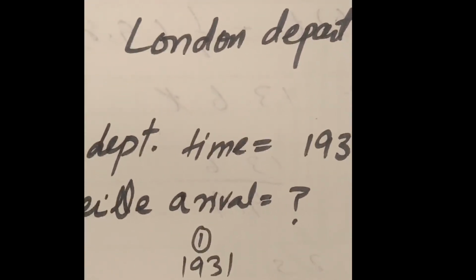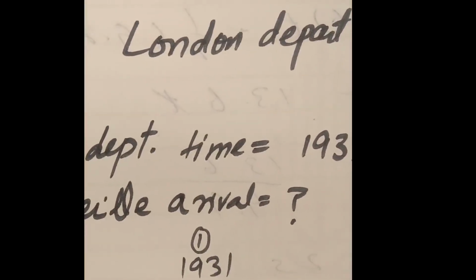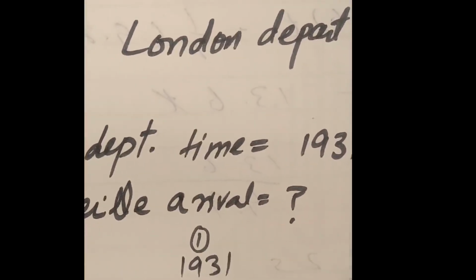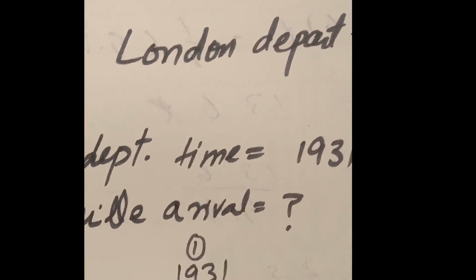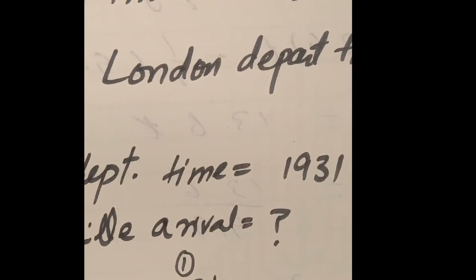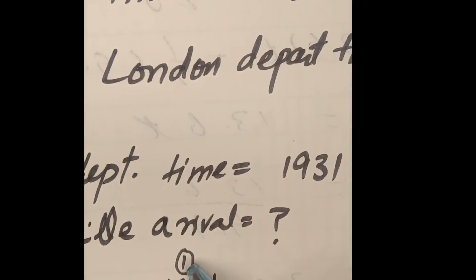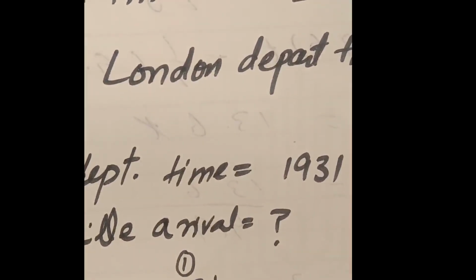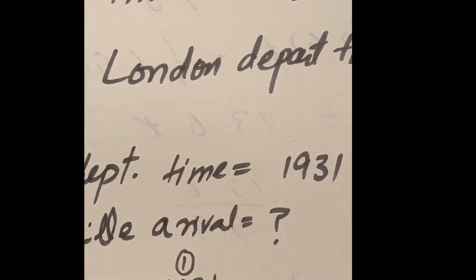We add them. 1 plus 0 is equal to 1. 3 plus 3 is 6. So it becomes 61. 61 minutes means 1 hour 1 minute. So we put 1 in the hour column, and the minutes remain 01.